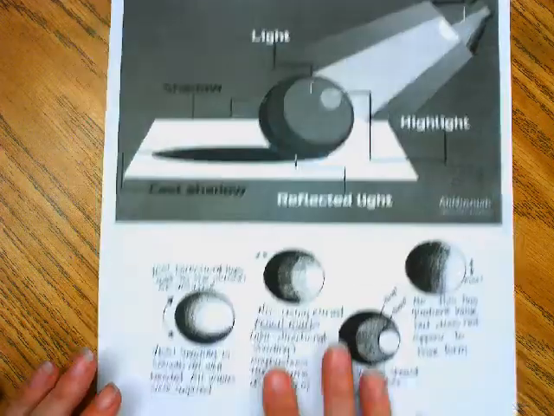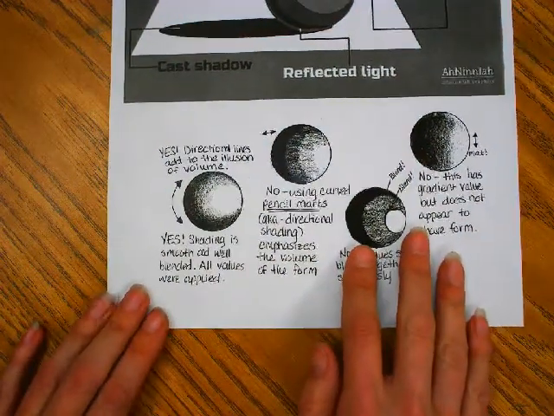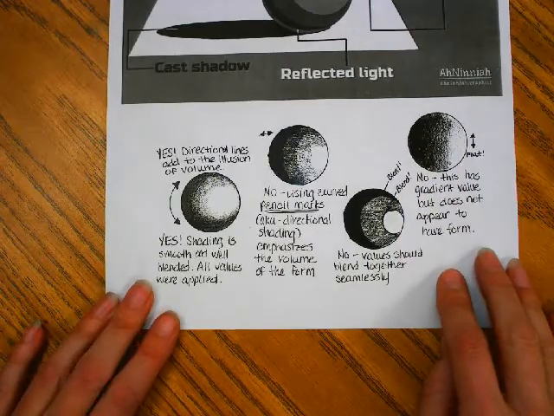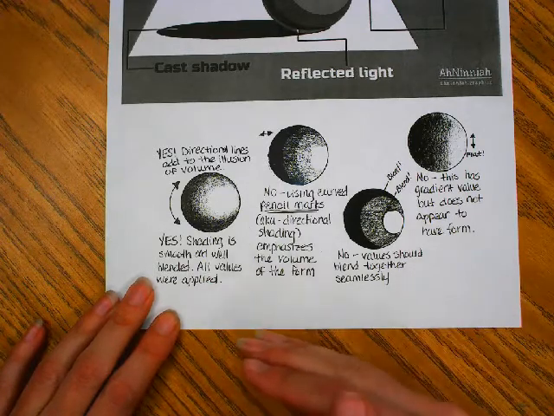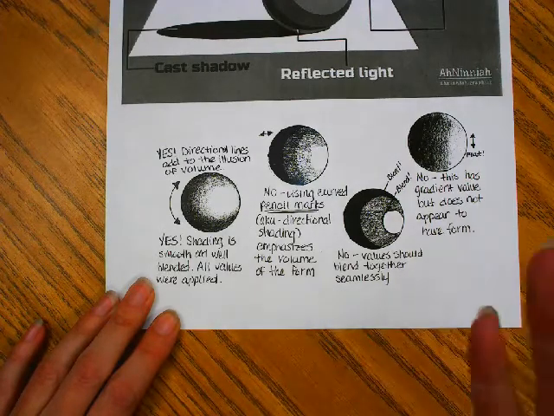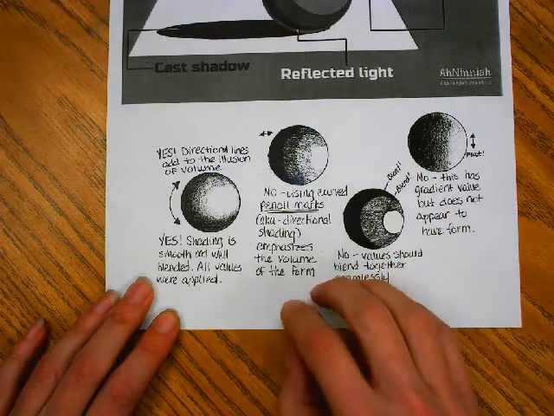One of the things I mentioned was that I wanted to come back and talk about how divided those blends are. When you want something to look realistic, you're not going to have a hard edge that divides the highlight from the transitional light, the core shadow and the cast shadow. There's not going to be hard edges on the object itself.